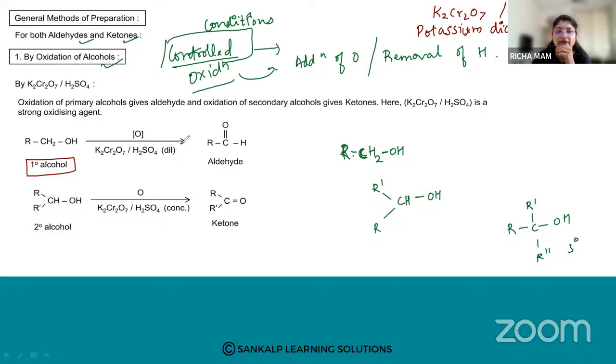So when we are treating our potassium dichromate with H2SO4, what are we going to get?